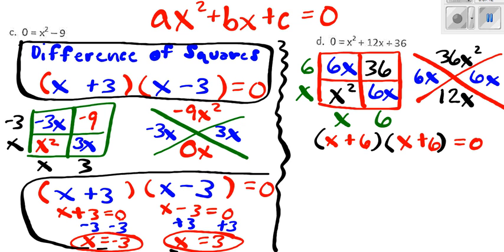Well, x plus 6 is the same as x plus 6, so we actually end up with x plus 6 quantity squared equals 0.